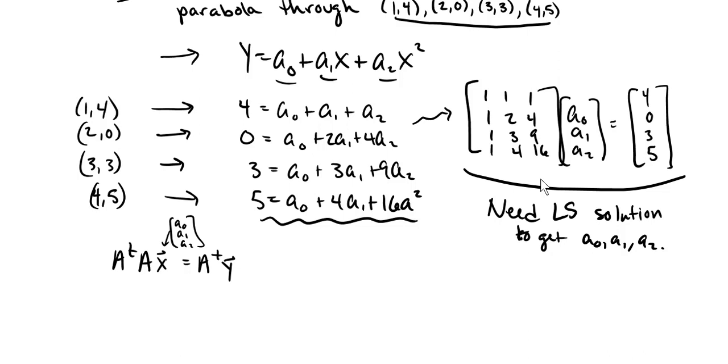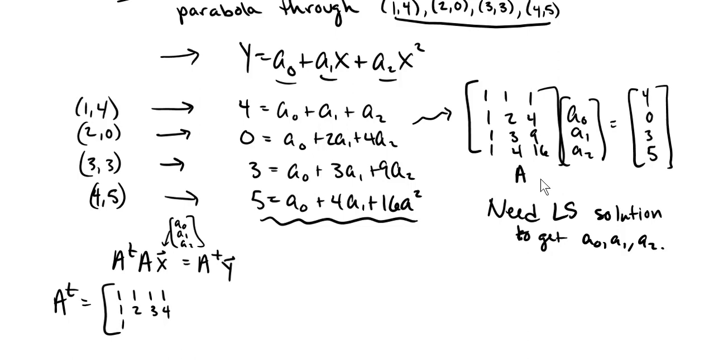Well, I know this is my A matrix, so I can write down A transpose right away. A transpose is 1, 1, 1, 1, 1, 2, 3, 4, and 1, 4, 9, 16. So I need to multiply A transpose times A. Let me do that really quickly.